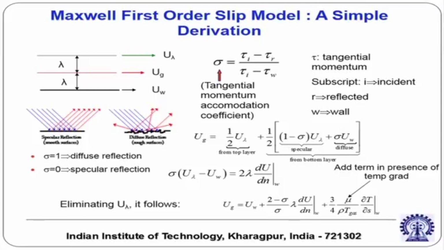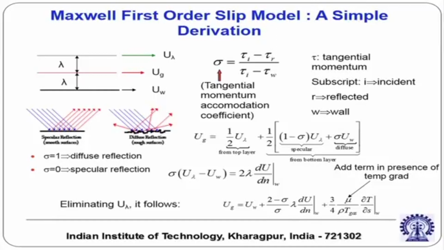For that we introduced a parameter called the tangential momentum accommodation coefficient, which is basically defined as sigma equal to tau I minus tau r in the numerator, and tau I minus tau wall in the denominator, where tau is the tangential momentum, I is for the incident molecules, r is for the reflected, and tau wall is the tangential momentum of the wall.